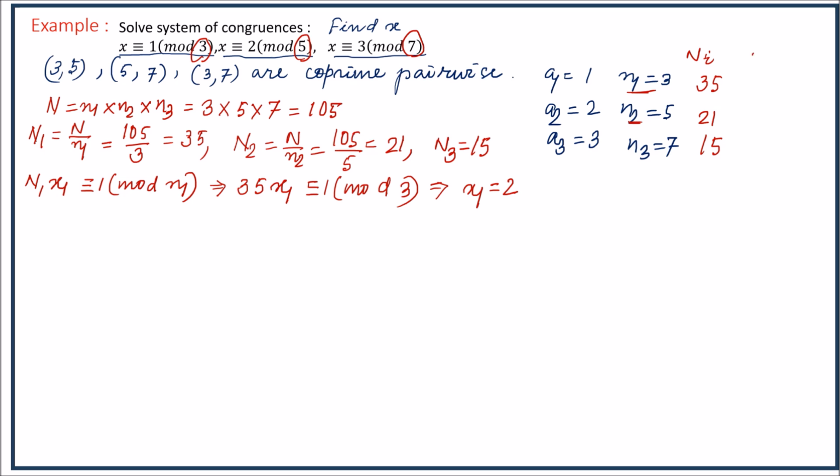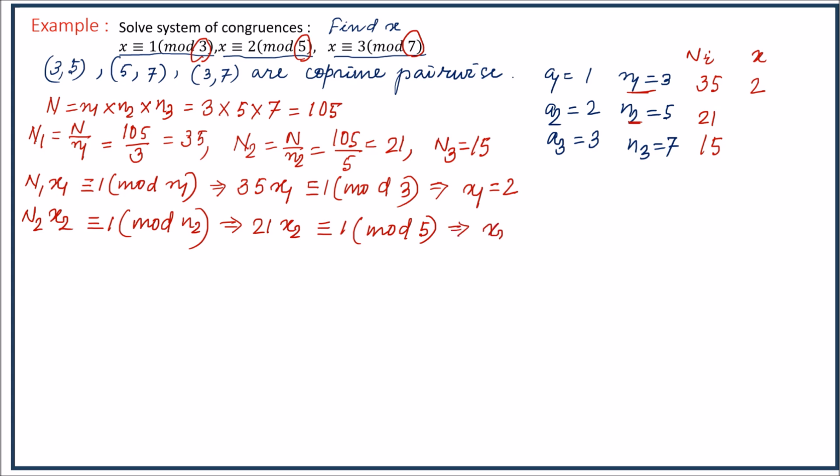So I am making a table here. x1 is 2. Next, in the same way, going for n2, N2 x2 is congruent to 1 modulo n2. So it implies that 21 x2 is congruent to 1 modulo 5. Starting from 1, 21 into 1 is 21. When it divides with 5, it leaves remainder 1. That means x2 equals 1.